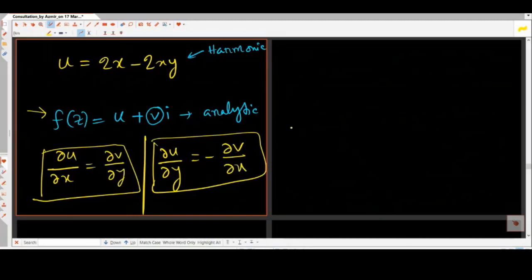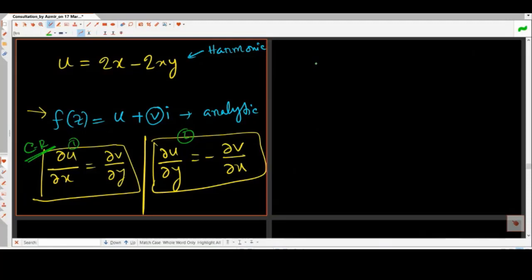So let's try to find v. So up to now, we have the Cauchy-Riemann equations in our hand. So the first equation is this one, and the second equation is this one.